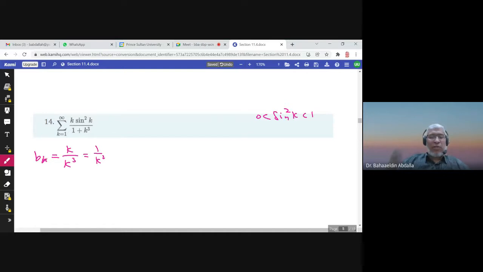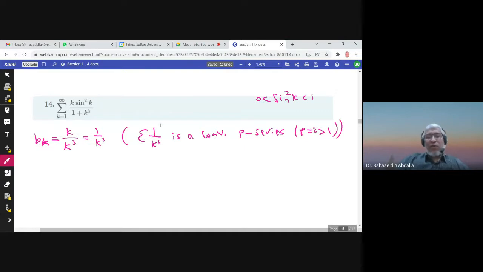And this is b_k, okay? So this is convergent. Then you can say that the summation of 1 over k squared is a convergent p-series because p is 2, greater than 1. So now this is a convergent series.